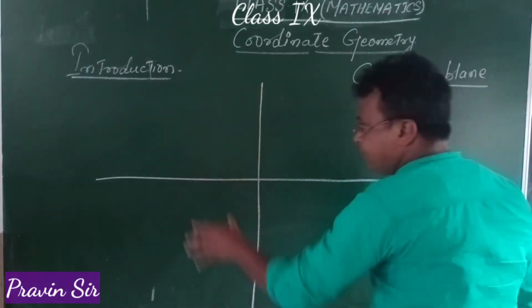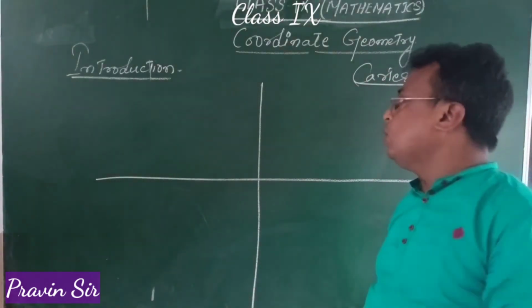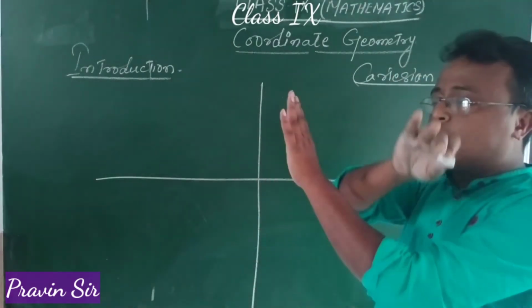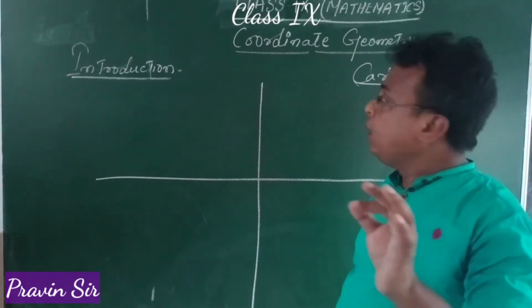This is called a Cartesian plane. So for drawing a Cartesian plane, you have to draw one vertical line and one horizontal line that should be perpendicular to each other. So that is called a Cartesian plane.